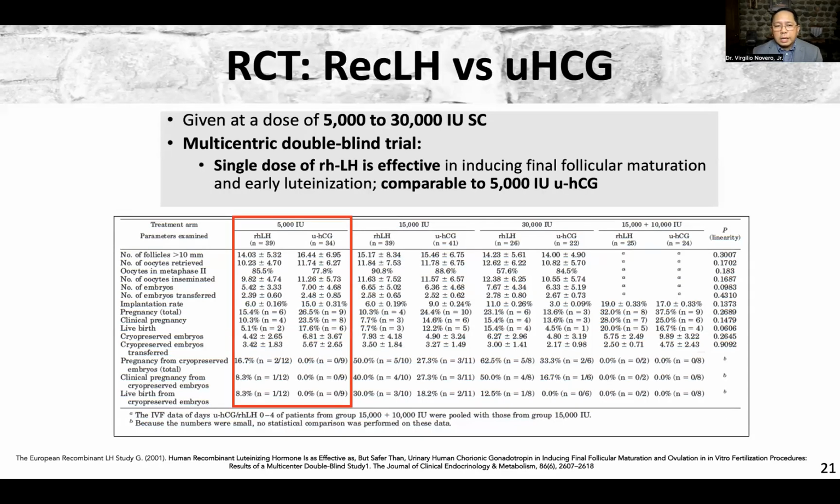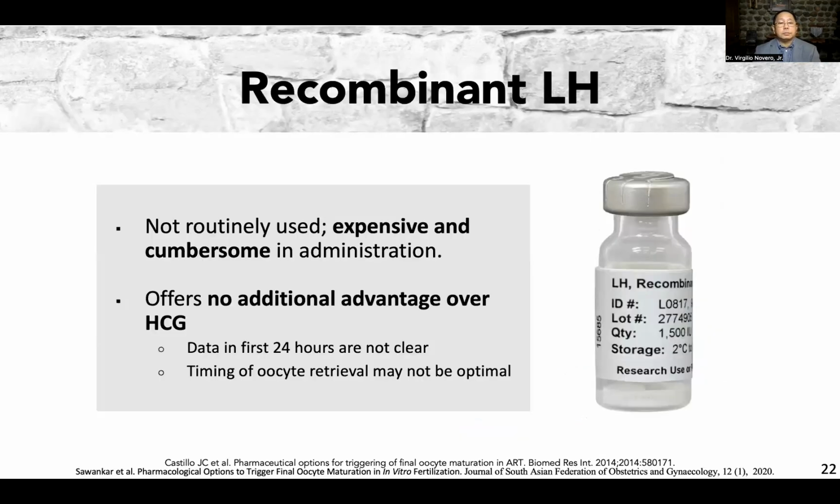In a study comparing your recombinant LH and your urinary HCG, they found that with the recombinant LH at 5,000 to 30,000 international units, it will be effective and comparable to the results with your 5,000 international units of your urinary HCG.